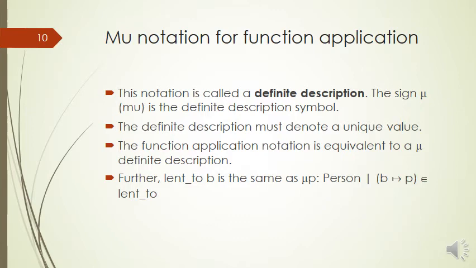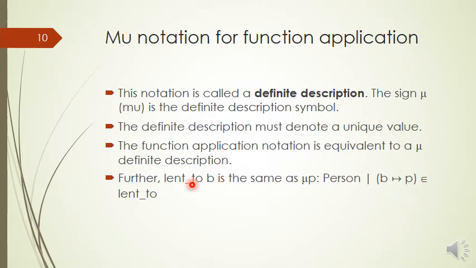For example, as you can see that here we pass a value B of type book as an argument to function length2, then its returned value must be of type person, because person is a set of outputs for the function length2.